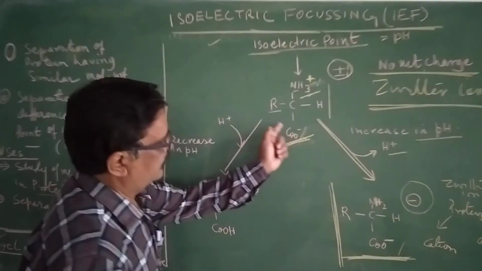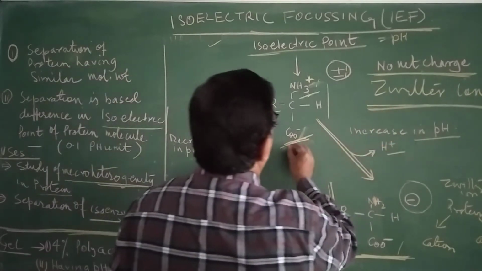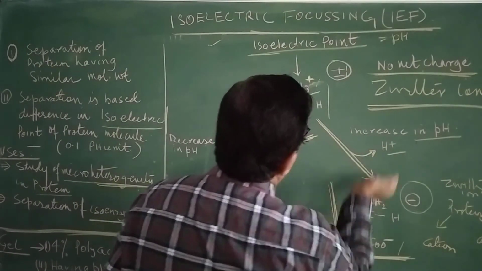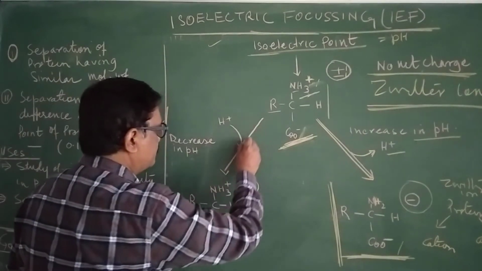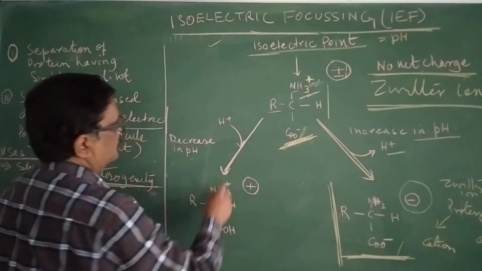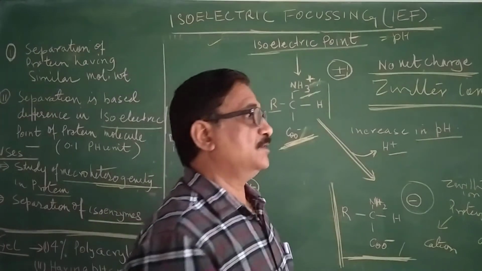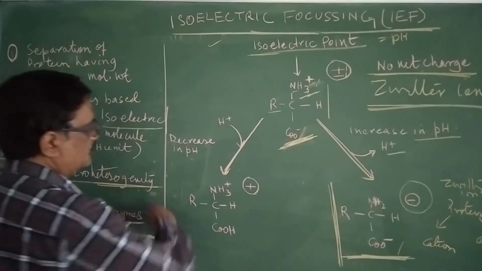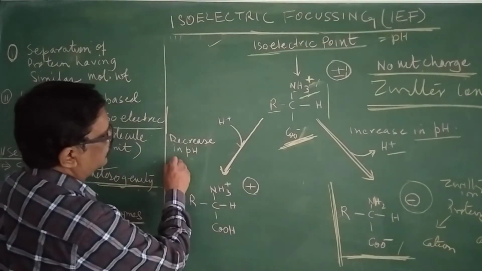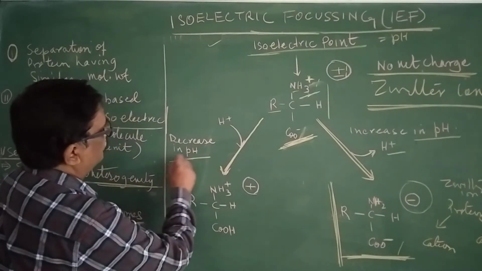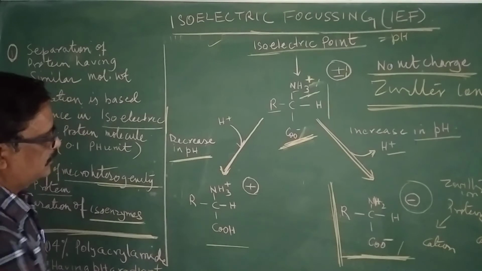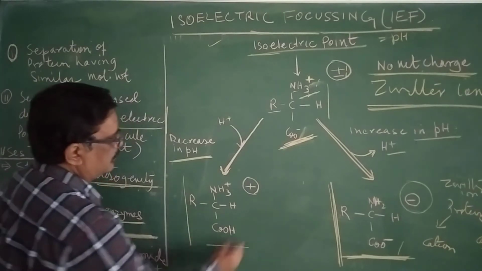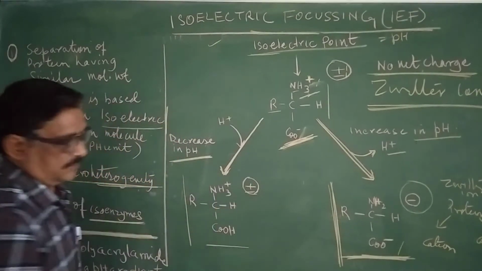Similarly, in the second case, if the pH decreases, that means there is excess of hydrogen ion in the medium, then in that case additional hydrogen ion will be incorporated into the amino acid, and the amino acid gains a net positive charge.